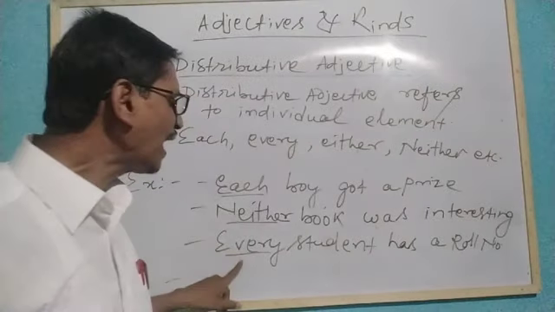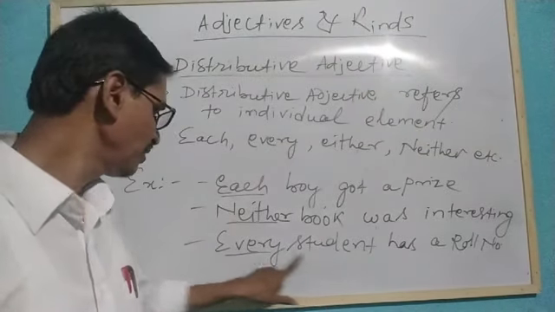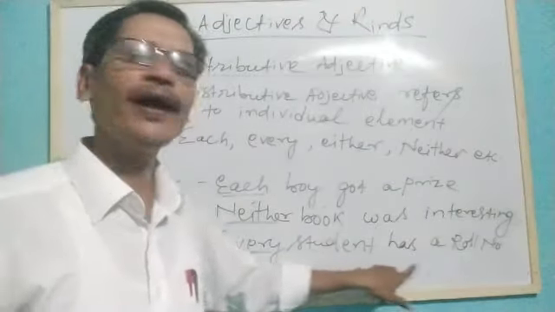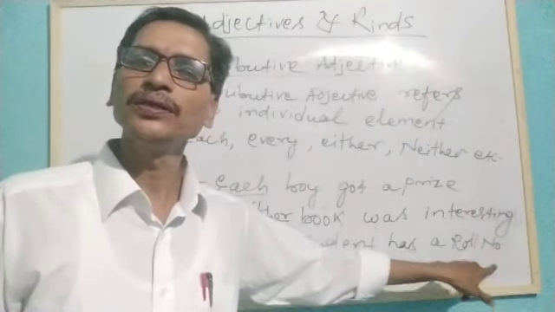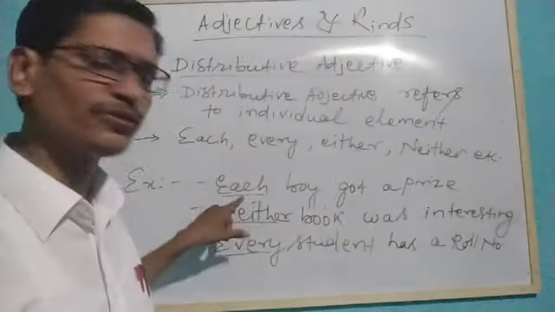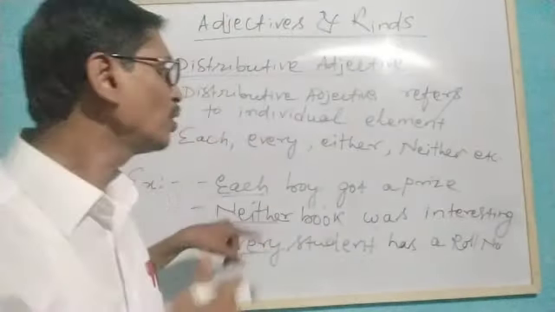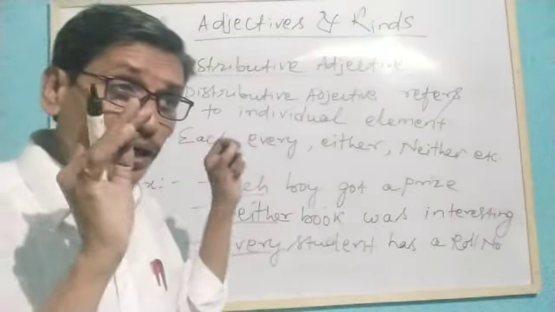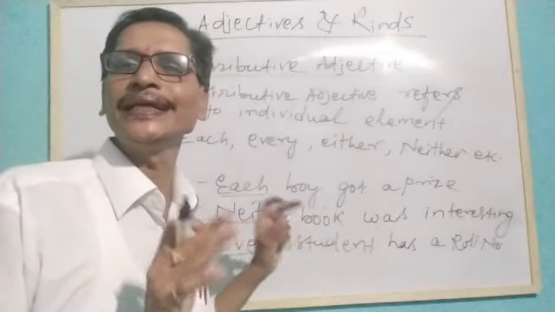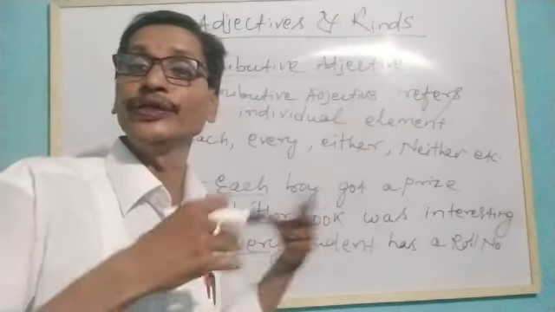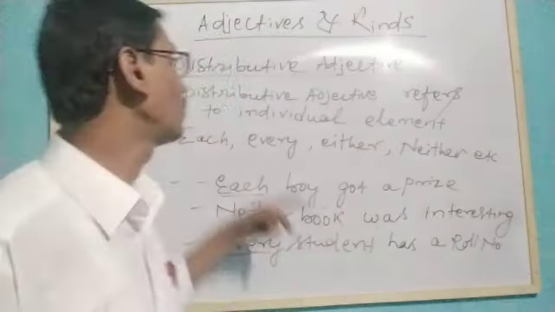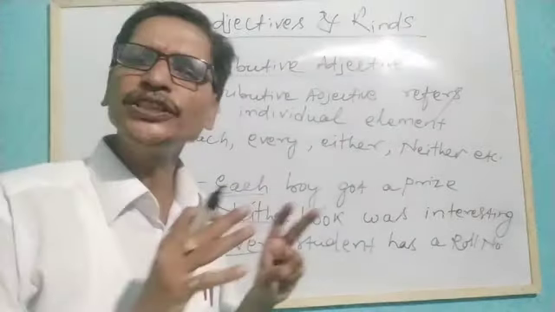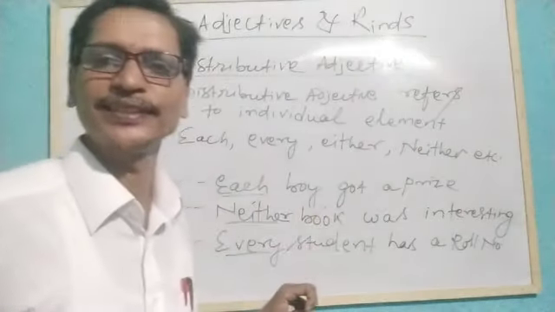Similarly, every student has a roll number. So these words we use to talk about the individual elements in our speech and used as adjectives. Therefore, they are called distributive adjectives.